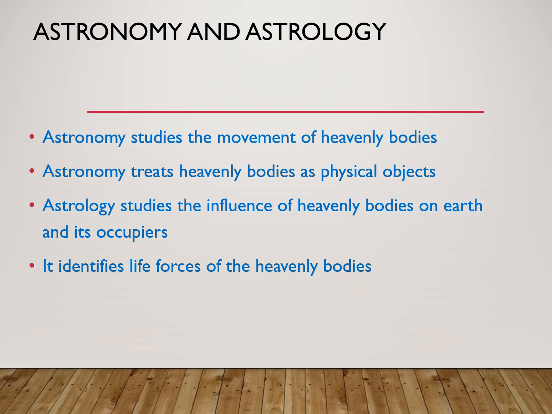Therefore, as the subjects developed, astronomy became a science of knowing the heavenly bodies as physical objects, whereas astrology developed into a subject where the heavenly bodies were life forces which influenced life on Earth.